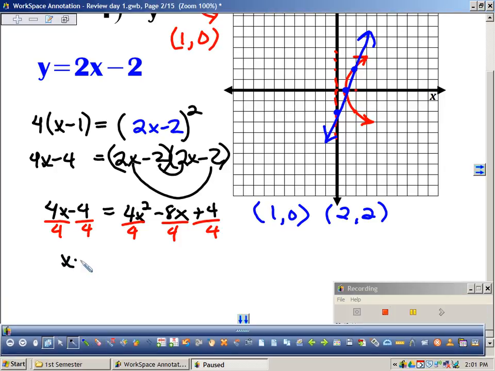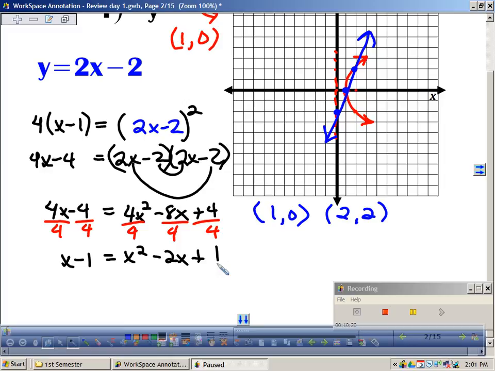Okay, so now it's x minus 1 equals x squared minus 2x plus 1. What would you guys do now? You've got a quadratic right here, right? We've got to solve.